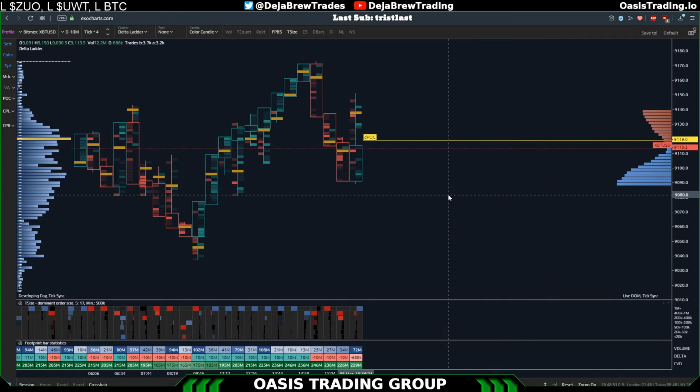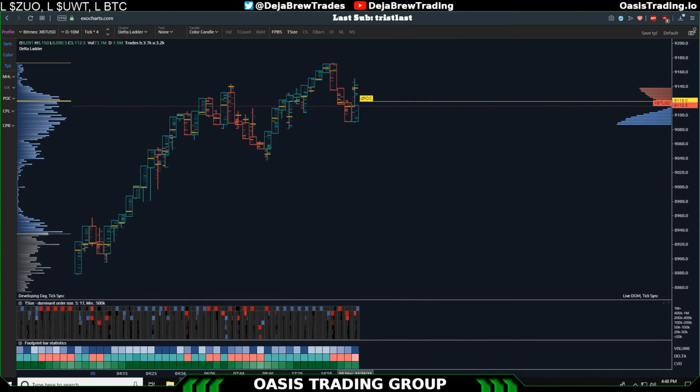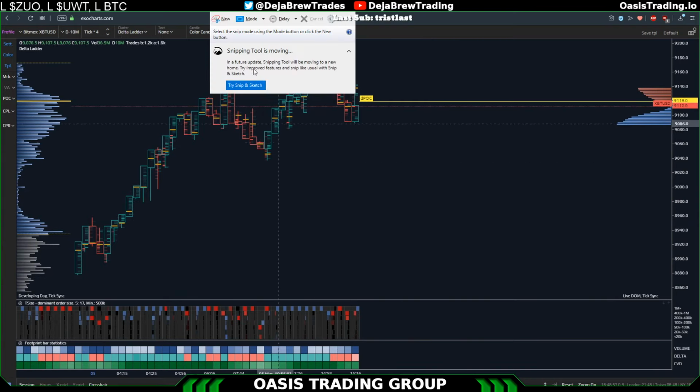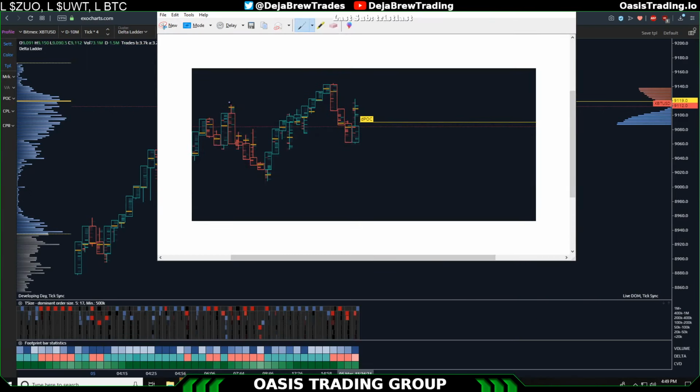If you are bearish on a top, let's say we are, where is my snipping tool? Let's say that we are bearish on this top, right? We think that price is going to maintain this top. What you want to look for are those delta squeeze bars confirming that top.